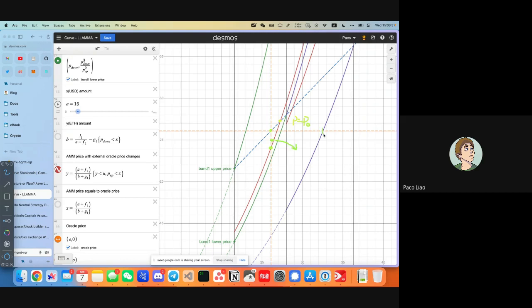The external price may be 1,000, but the pool is selling your ETH at maybe 950. So there will be a loss in this AMM because it will sell at a lower price and buy at a higher price. And if the price goes up, the AMM will maybe buy at an even higher price like this. So there will be a loss, just like the impermanent loss in other AMMs.